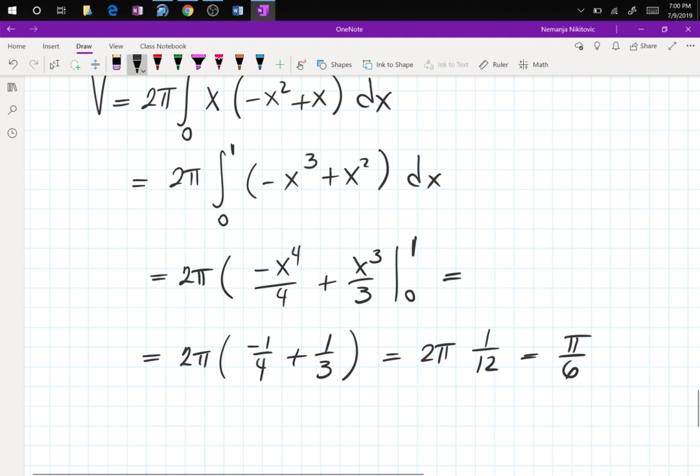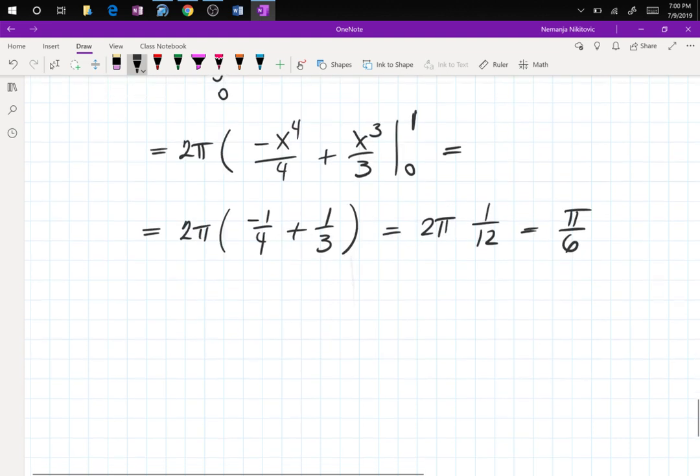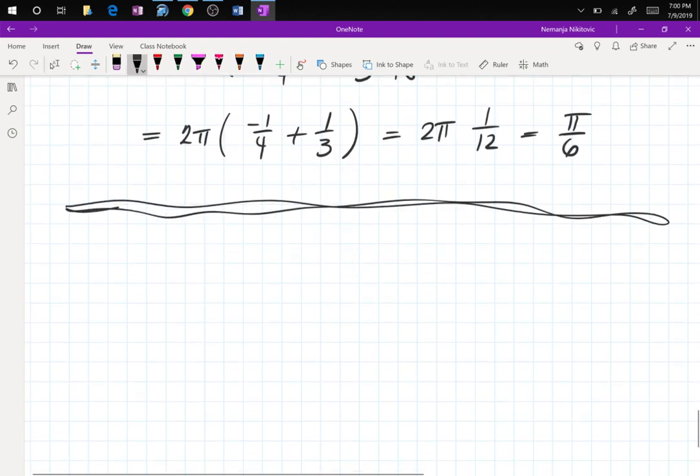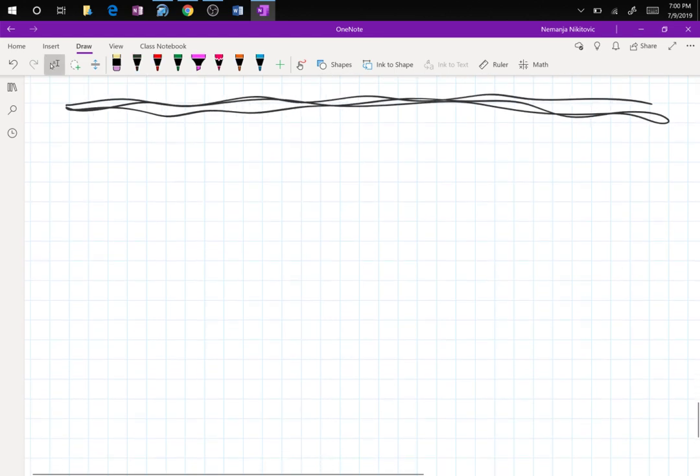So, before I shut off the stream, I just want to put this chart of choices. If you have disk and x rotation, you will be using dx.